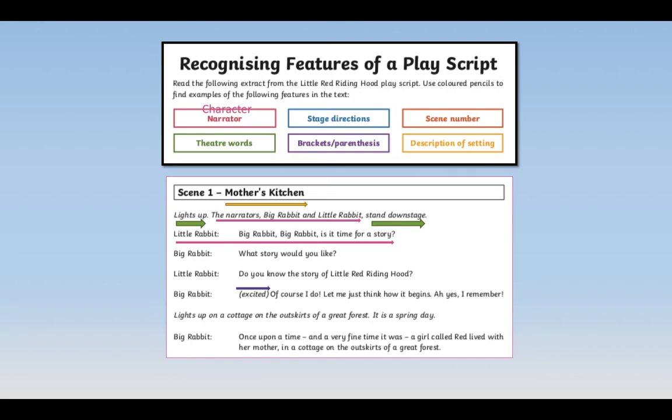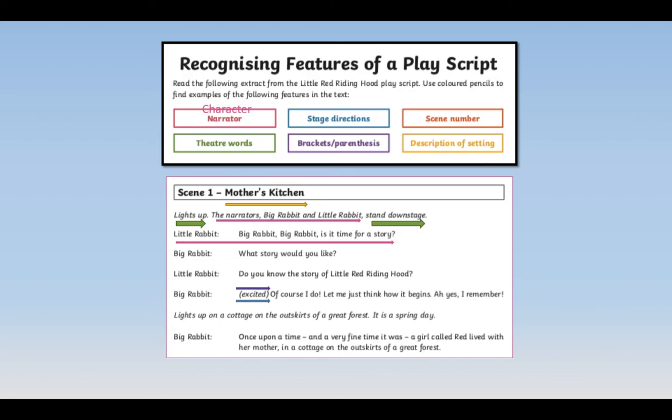So can you remember what goes in brackets and parenthesis? Well, of course, it's stage directions. So stage directions go in brackets. And why does the actor need to know about excited? Because Big Rabbit needs to appear to be excited and speak in a way that tells the audience that they are excited. Of course I do. Let me just think how it begins.